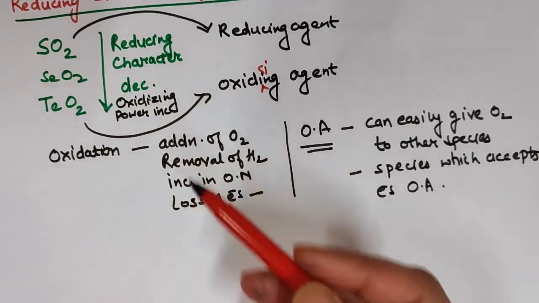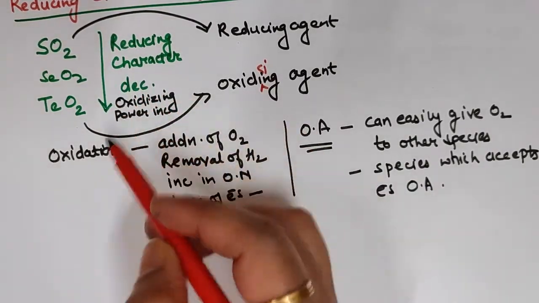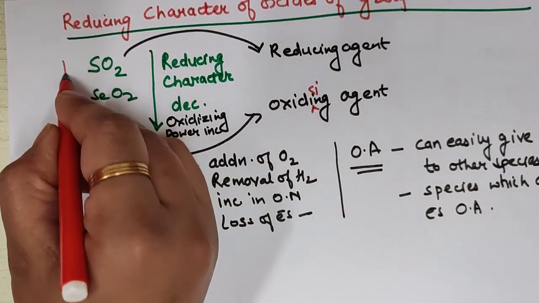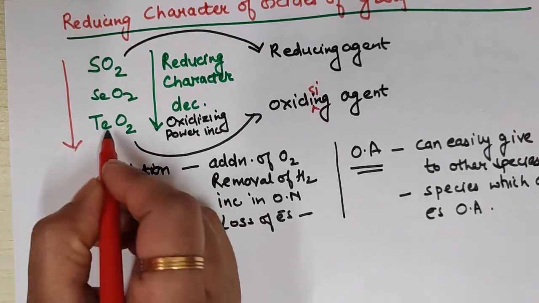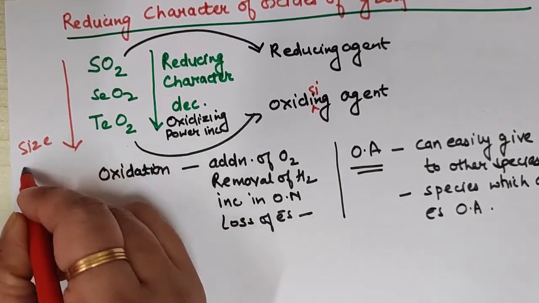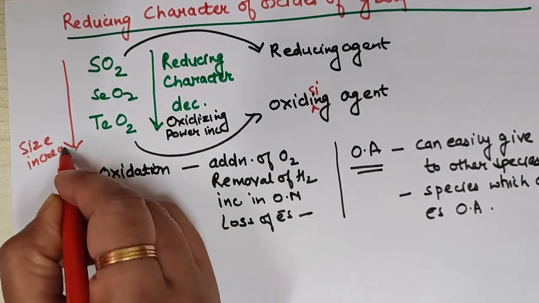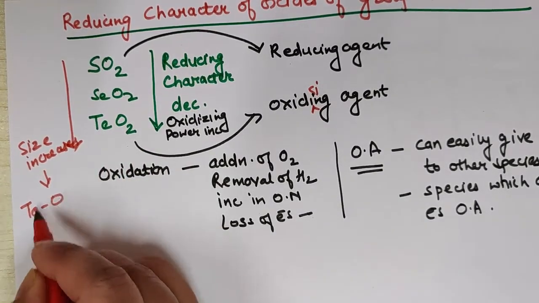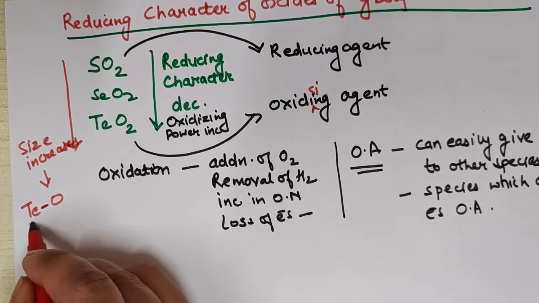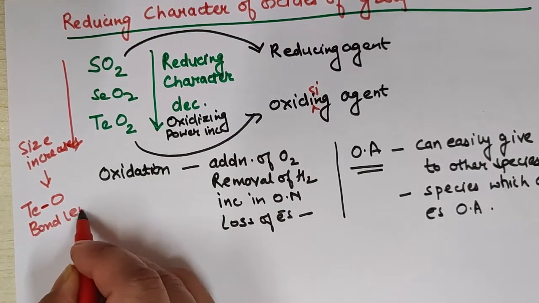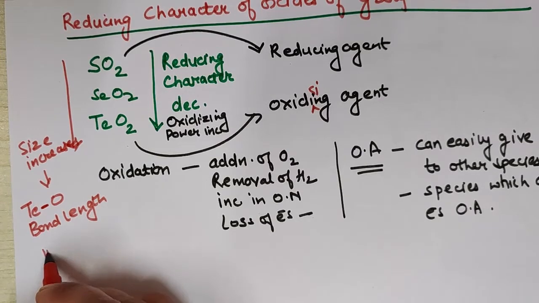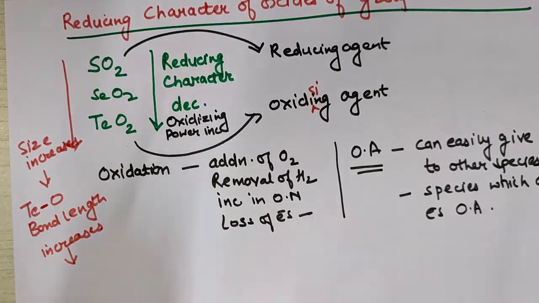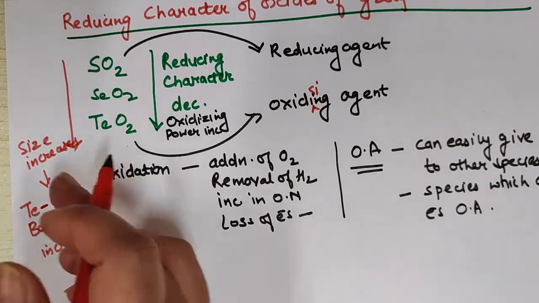Now just look here as we move down the group. What will happen here? Size increases. That means the Te–O bond length increases, and because this bond length increases, we need less energy to break this bond.